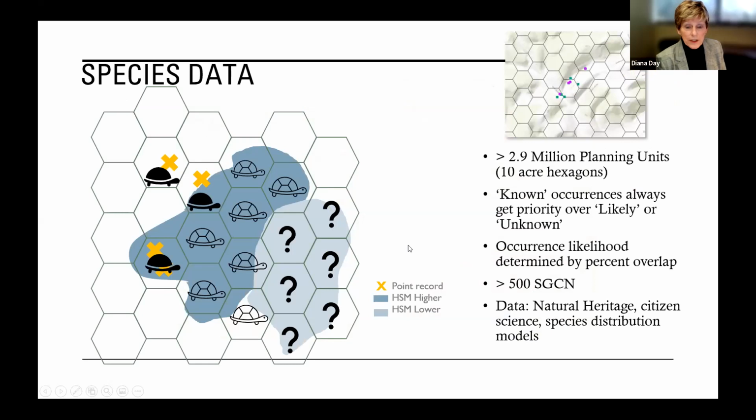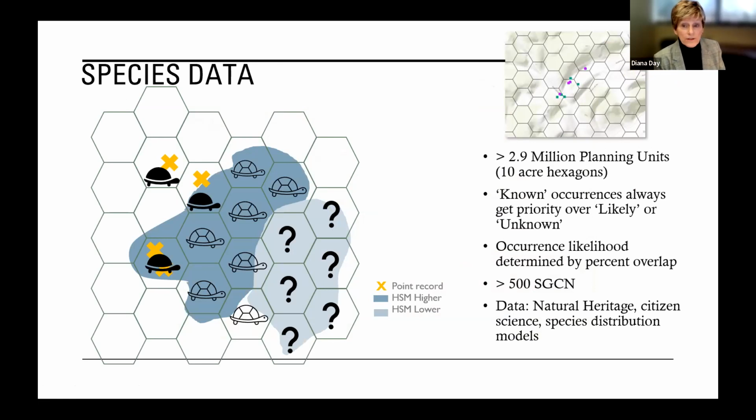Some of this looks familiar, but just to give you a little background, looking under the hood of the tool, there is a matrix of more than 2.9 million planning units, which are 10-acre hexagons across the whole Commonwealth.